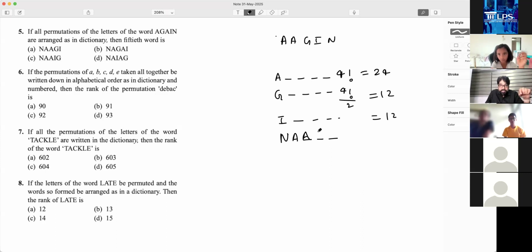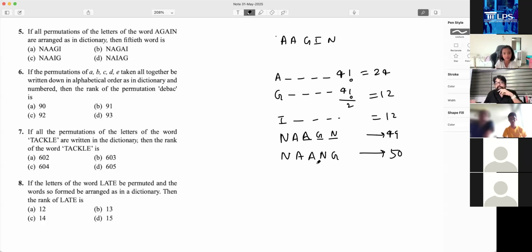What are these words possible, in alphabetic order? G and N. This is your 49th word. And N, A, I'm sorry, G. This is your 50th word. Sir, how are you using N again?